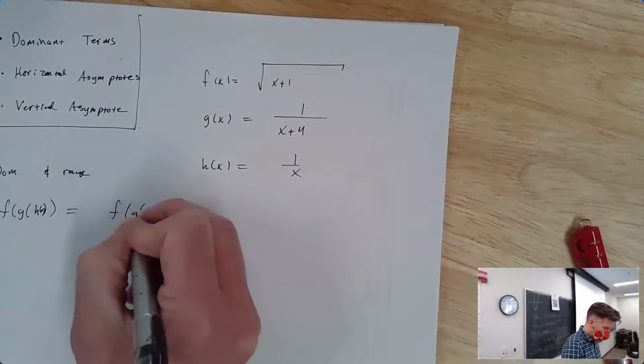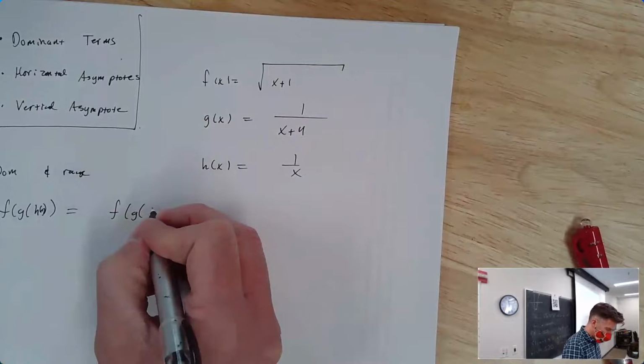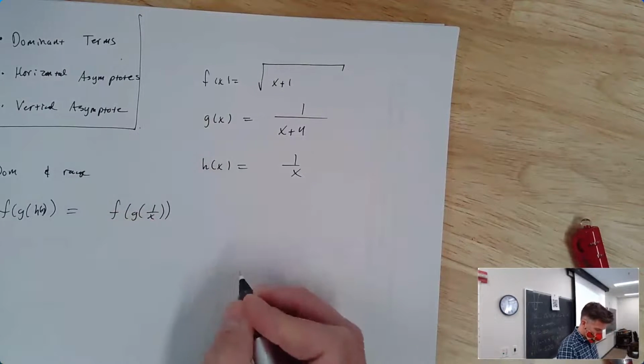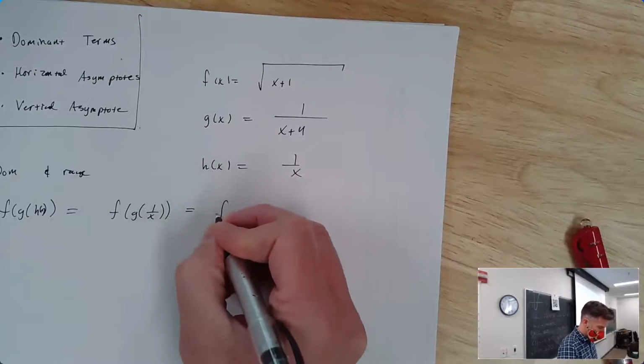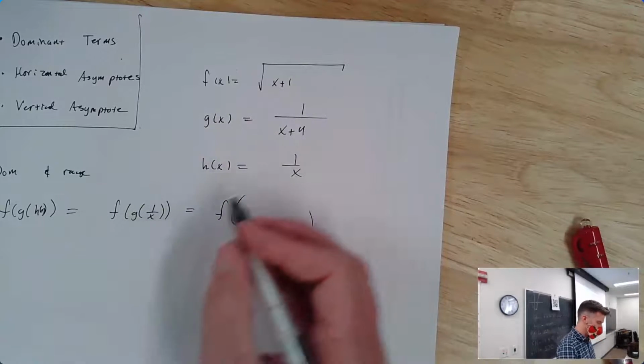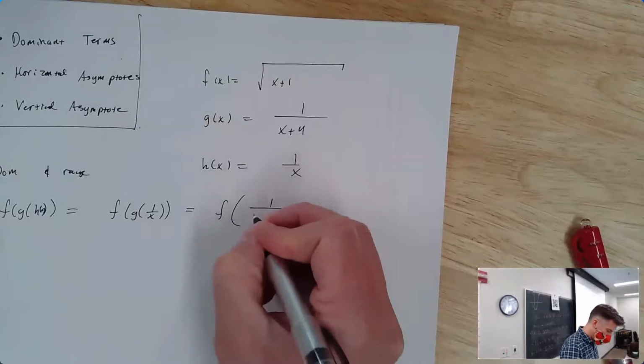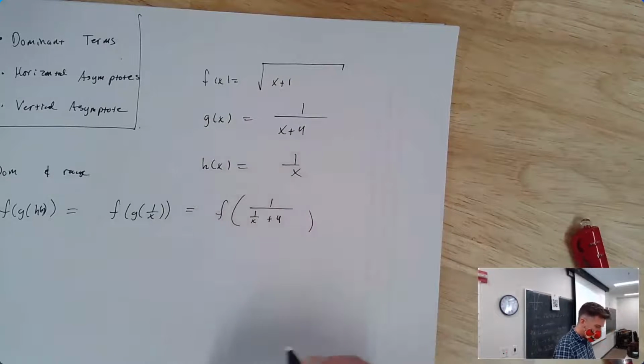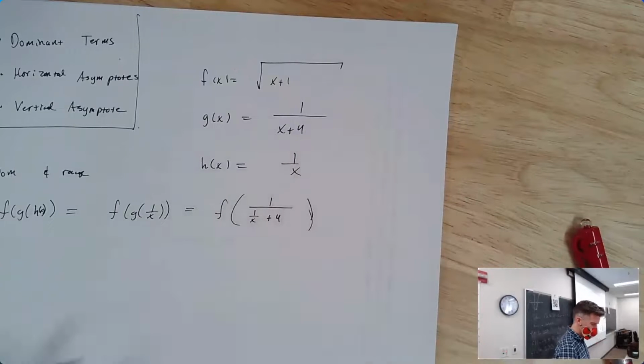So let's write out what it is. f of g of h of x is f of g of 1 over x. And g of 1 over x is going to be 1 over 1 over x plus 4. Before I even do anything else, what is x not allowed to be? For sure, 100%, x can't be 0.